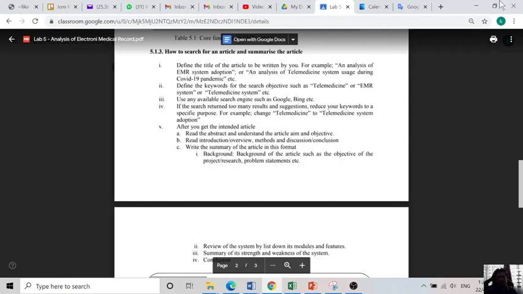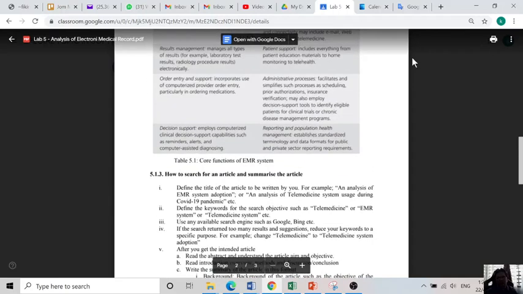A long list of articles will be produced by Google. Let me give you an example.